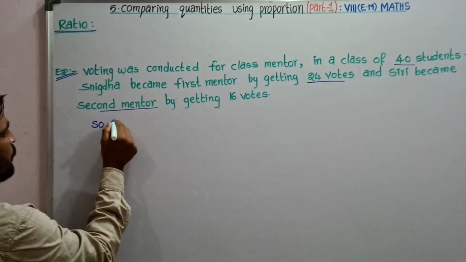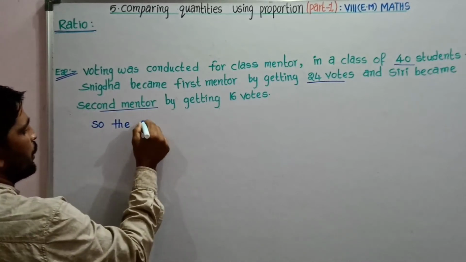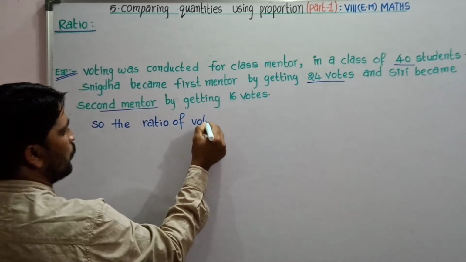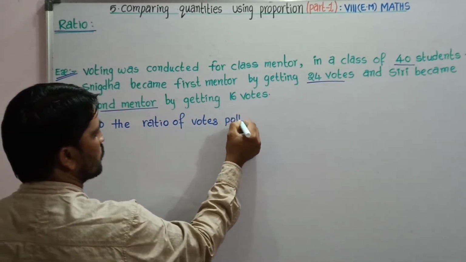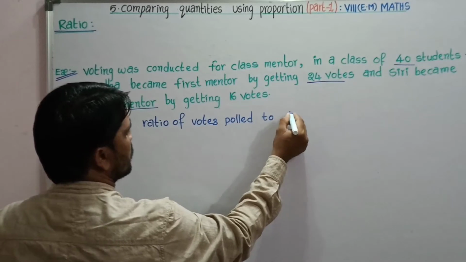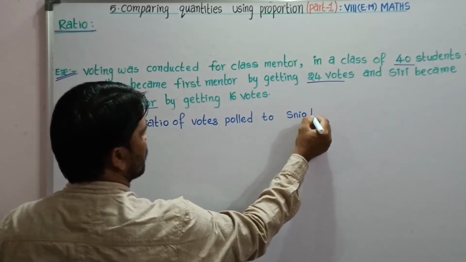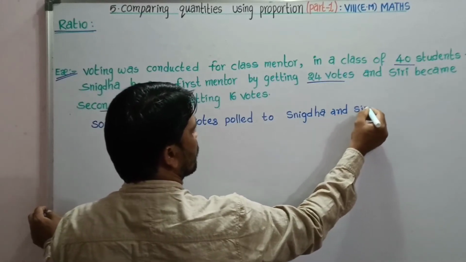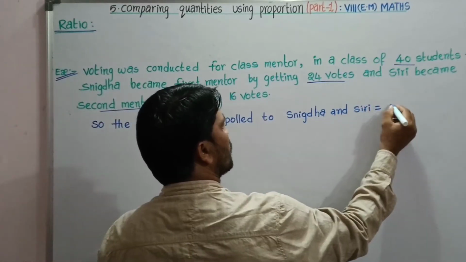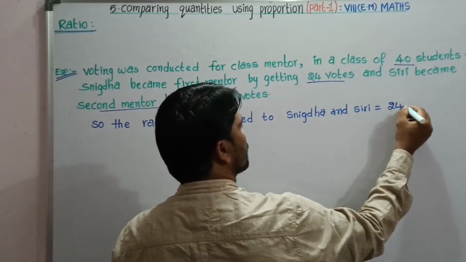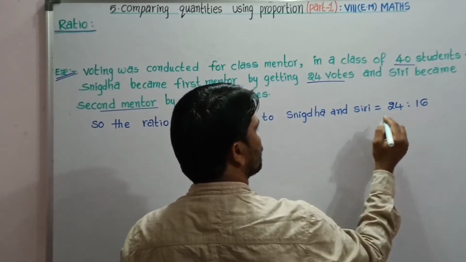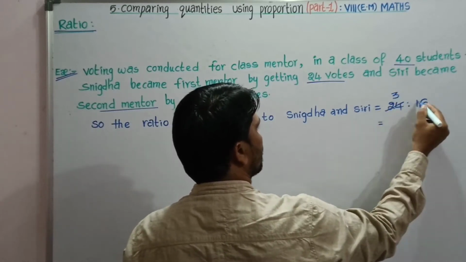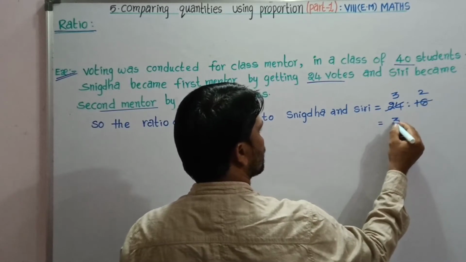Consider the ratio of votes polled to Snigdha and Siri. Snigdha got 24 votes whereas Siri got 16 votes. The short form of the ratio is 8 threes are 24, 8 twos are 16, that is 3:2.